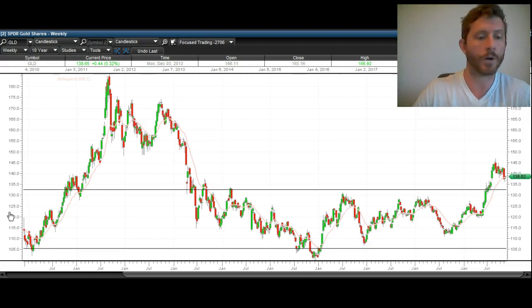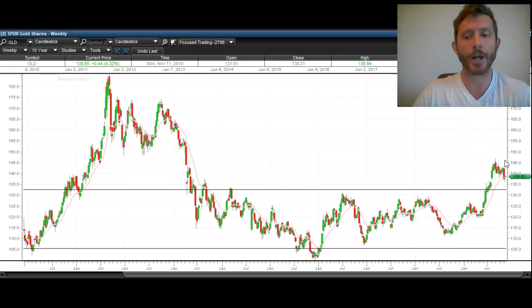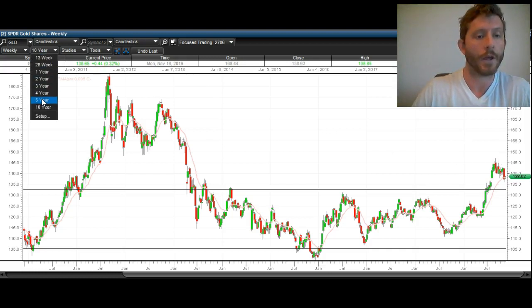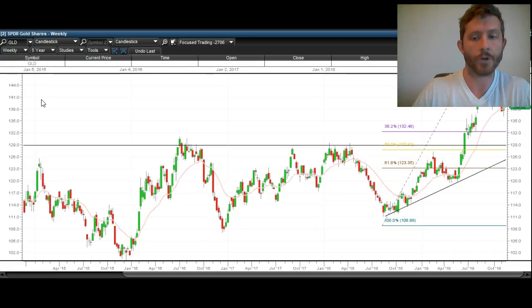But overall, you can see that gold can move very, very big. And now we're breaking out of this range. I do think ultimately gold will head much higher, but in the short term, we could see some further downside action. So let's take a look at a more zoomed in view.